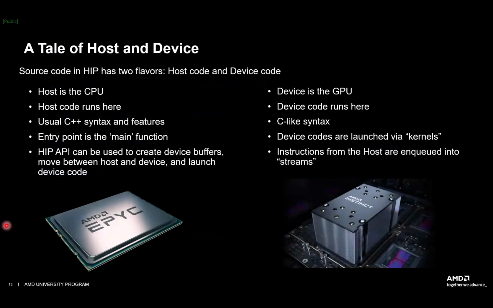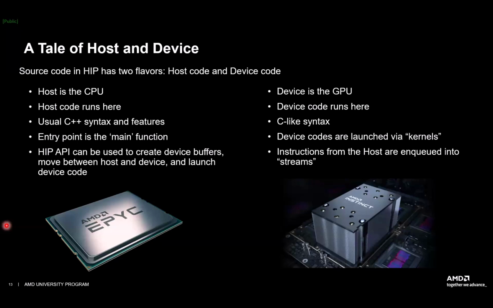And if you're not familiar with GPU programming at all, I wanted to add in a couple of slides just to show the basic ideas of GPU programming, where you have two separate processors. So you have your CPU, which is often described as the host, and your GPU, that's often described as the device. Each of these processors has its own physical memory, right?